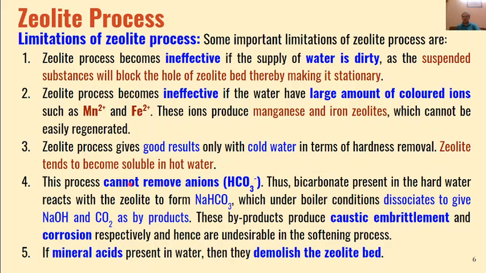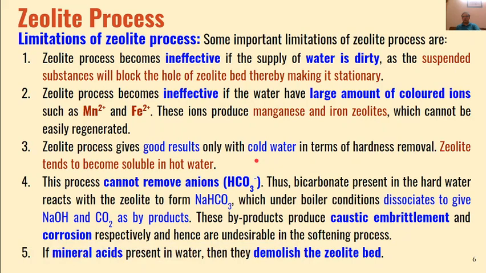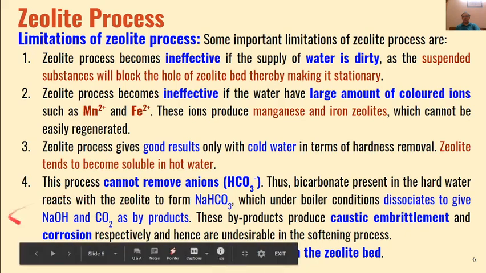Then you have seen that this process can exchange only cations, that is calcium ions and magnesium ions. Bicarbonate ions cannot be exchanged, and these bicarbonate ions dissociate to give sodium hydroxide and carbon dioxide as byproducts.